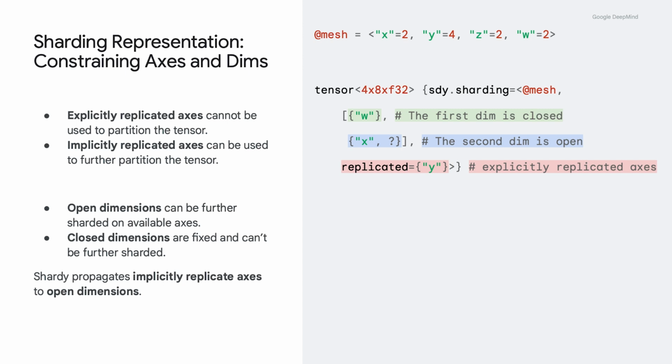Only the implicit replicated axes can be used to further partition the tensor. If an axis is explicitly replicated, we will not use it to further partition the tensor. Also, if a dimension is closed, which means that this dimension will not be modified in propagation, we fully respect the user's annotations.